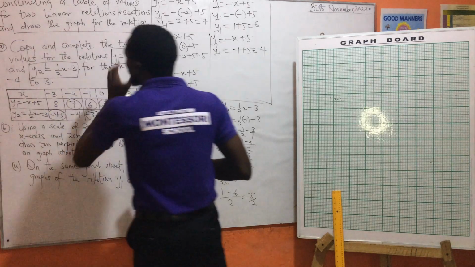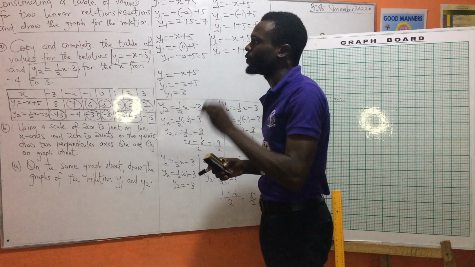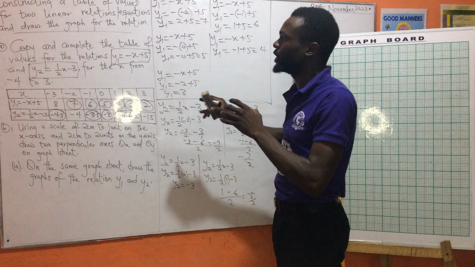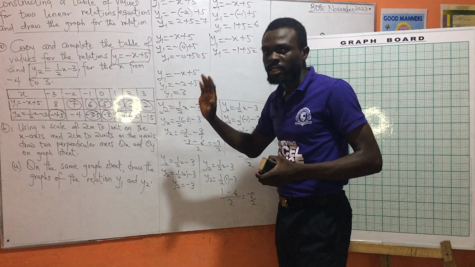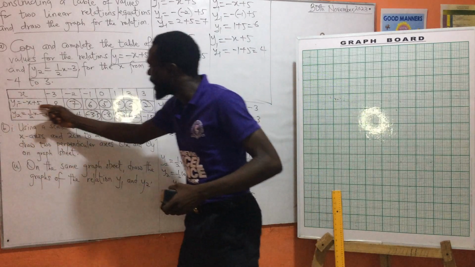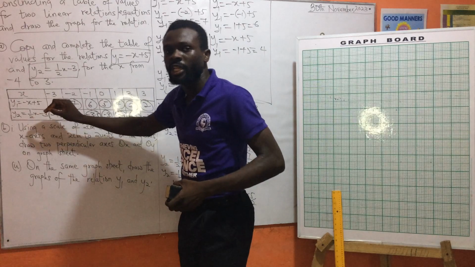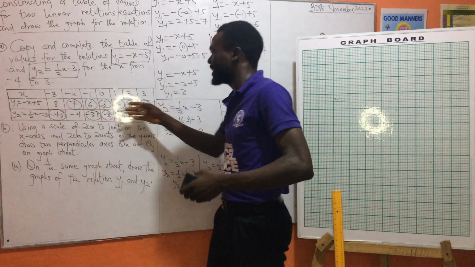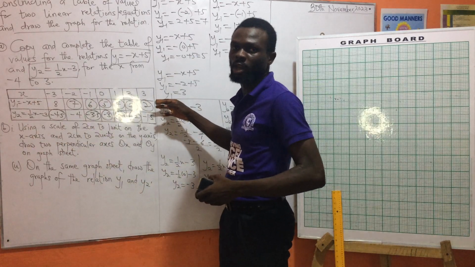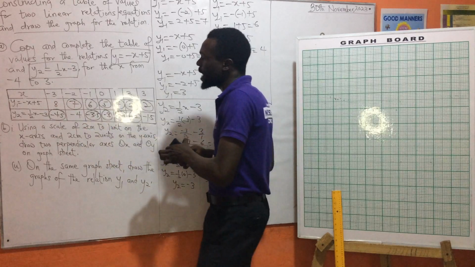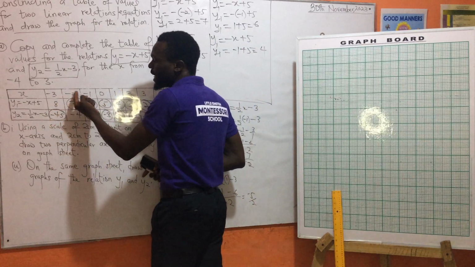So when we are constructing a table of values for two linear relations, we just take it step by step. First, take the first given relation. Now the first given relation is used to complete that column, or that row. So here x is equal to negative 2.